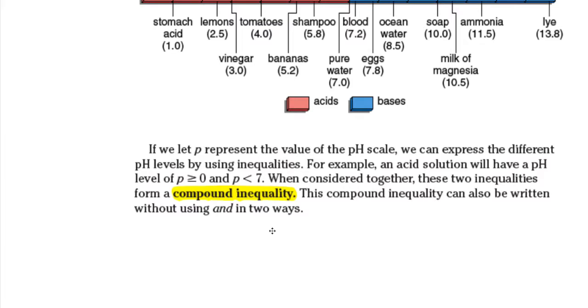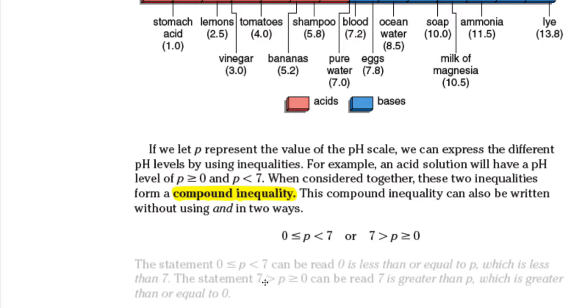So these are possible ways of writing your compound inequality. This means that P is greater than or equal to 0 and less than 7, or P is less than 7 and greater than or equal to 0.